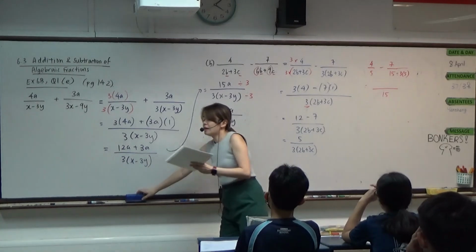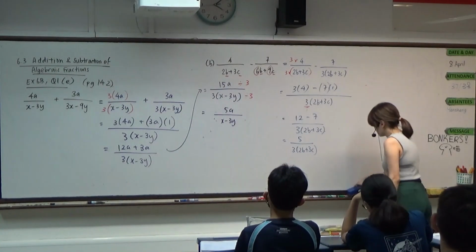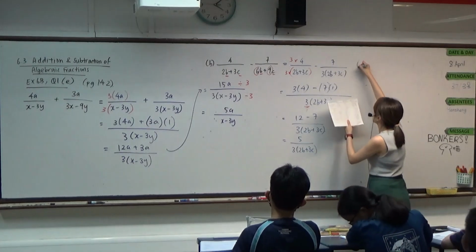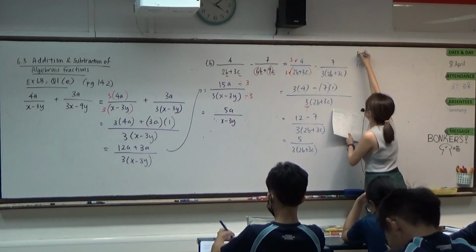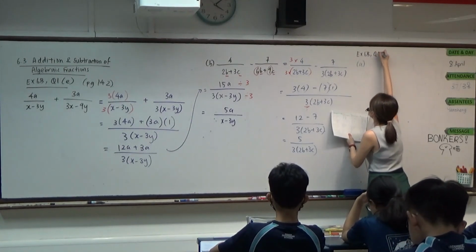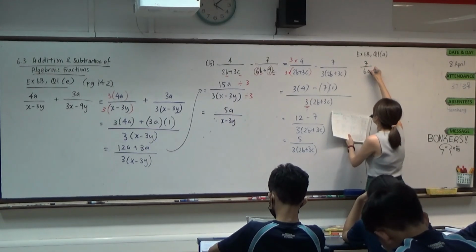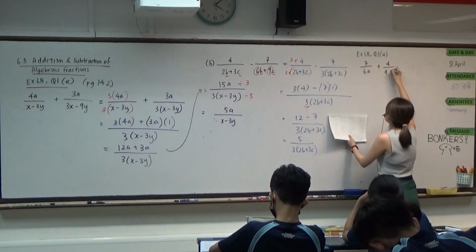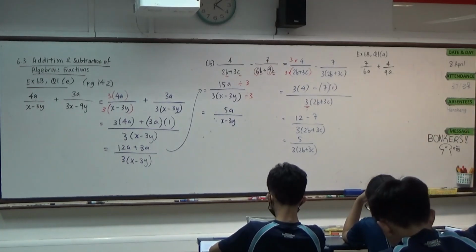Okay. One last one. We are not going to go into anything new, but same thing, exercise 6b, question 1a. Just to make sure that we are all understanding things correctly.